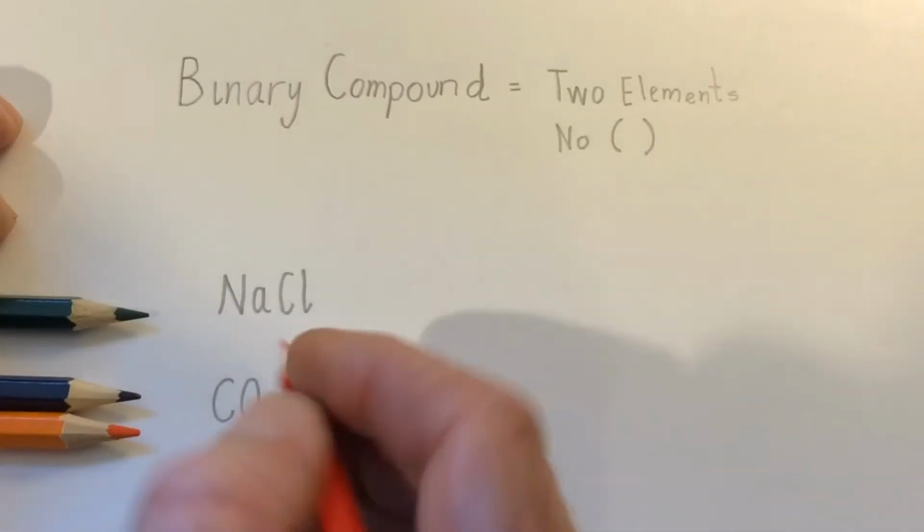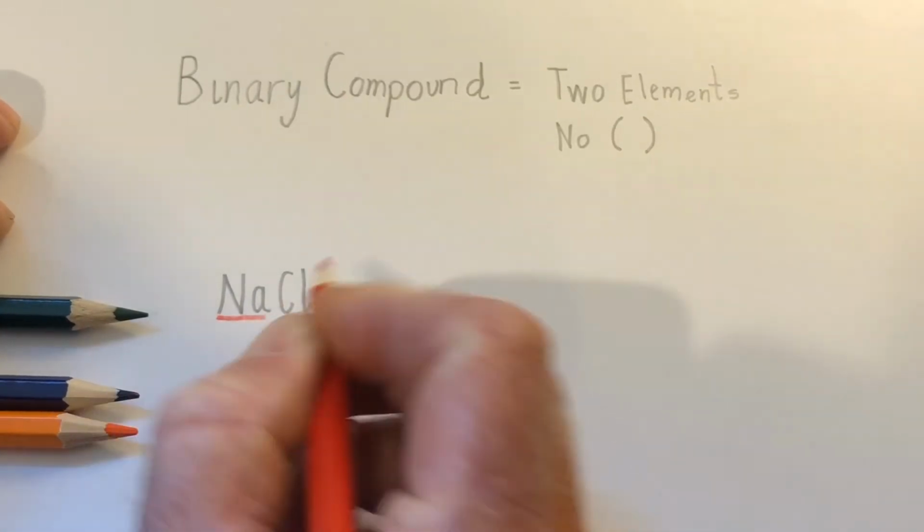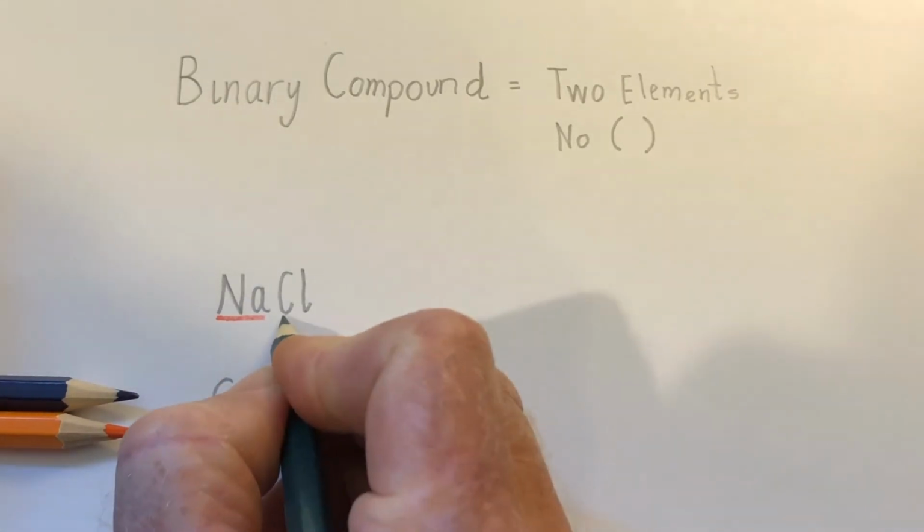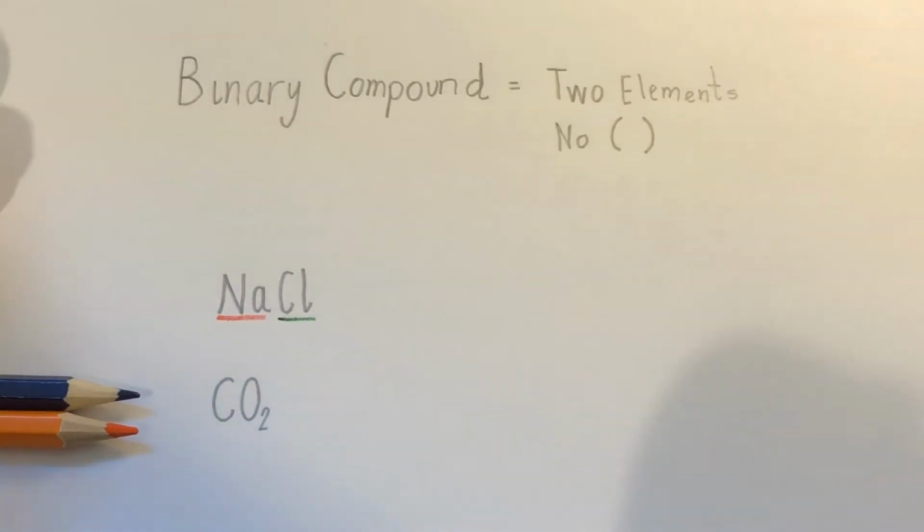In this case we see sodium in the formula, which I'll be using red, and we see chlorine in the formula, which I'll be representing with green. And the formula shows that there's only 1 sodium and 1 chlorine in the formula. And so we can just build this model by attaching 1 sodium atom to 1 chlorine atom.